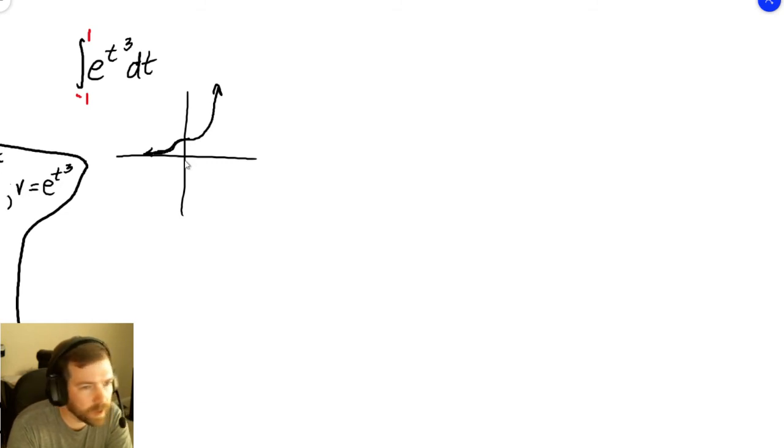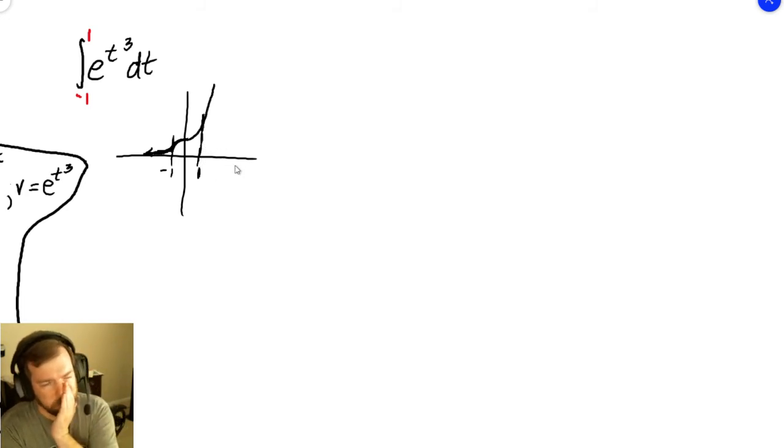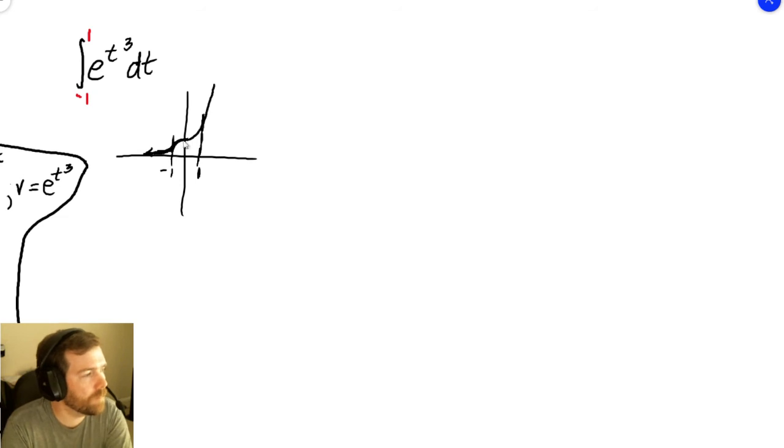Okay, -1 is right about here. And +1 is, by my terrible drawing, here. It is a bit further up on the curve. Something more like that, give or take. And what we want to do is figure out what the area is underneath the curve here.